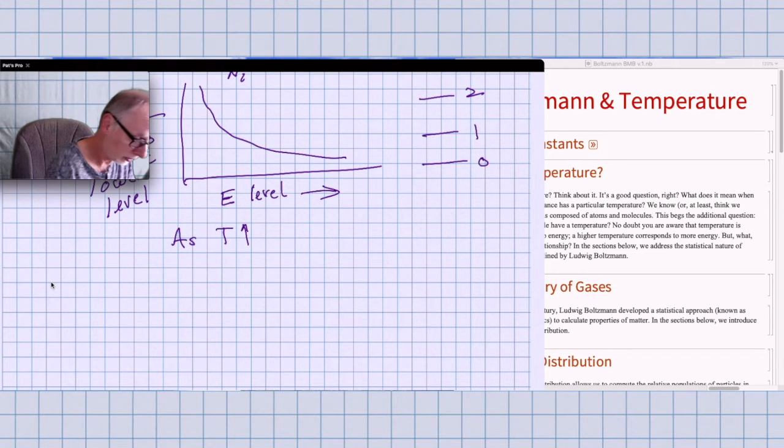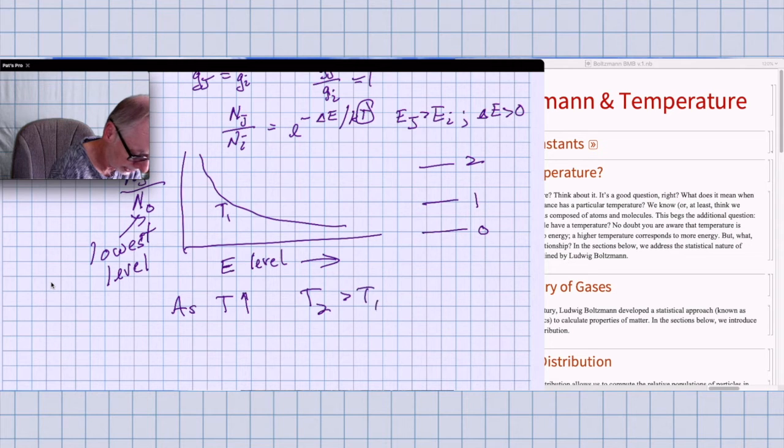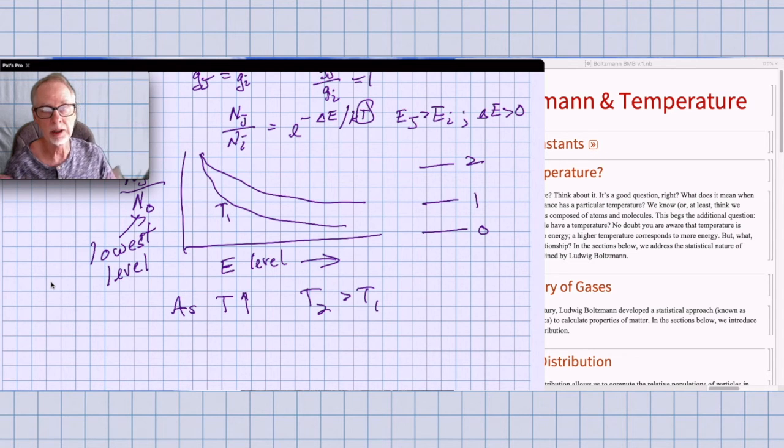So, for example, if I was to do this plot at a higher temperature, let's call this one T1, and let's say T2 is greater than T1, and I plot it, what I'm going to see is something that looks more like that, which means that we're getting more population of molecules in the higher energy level.